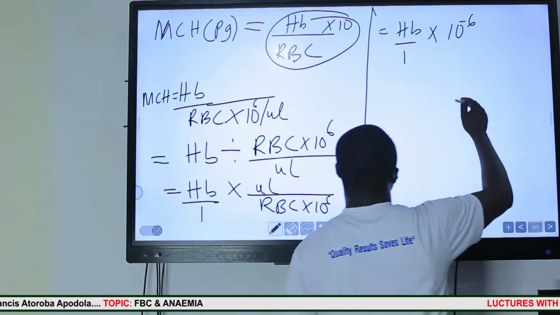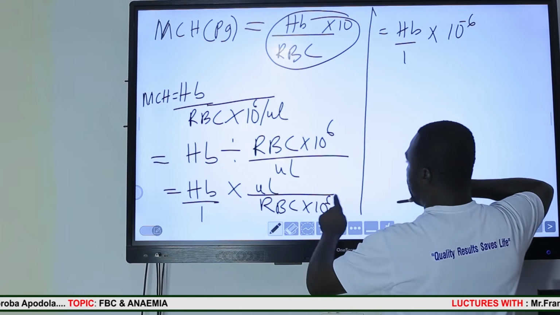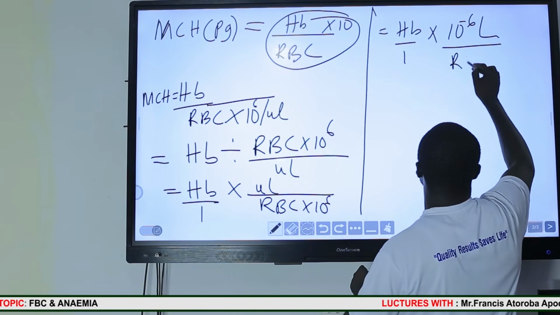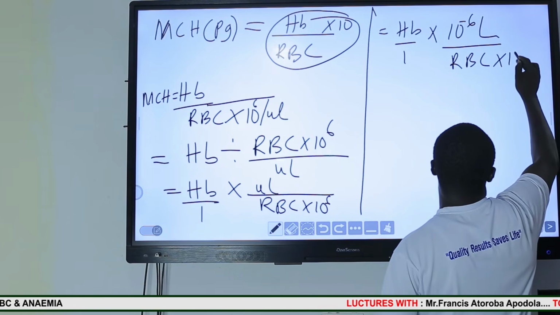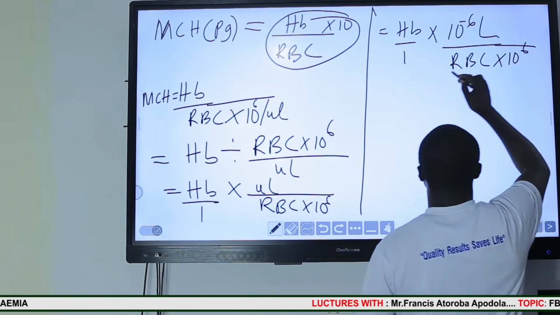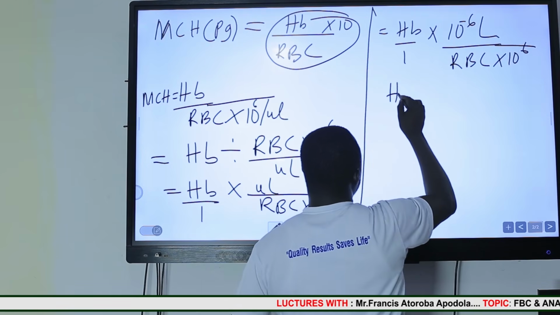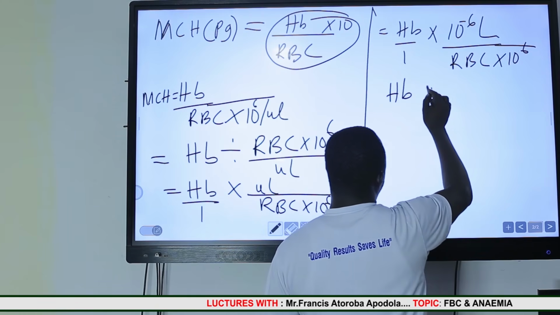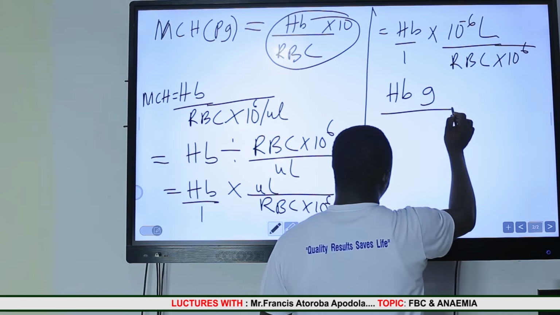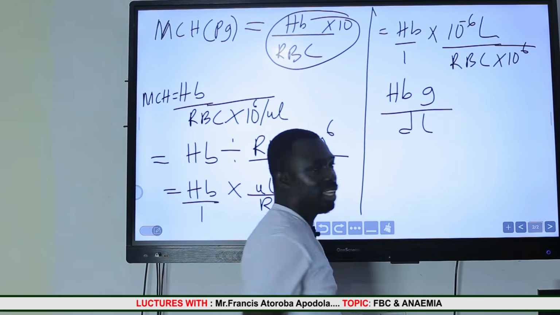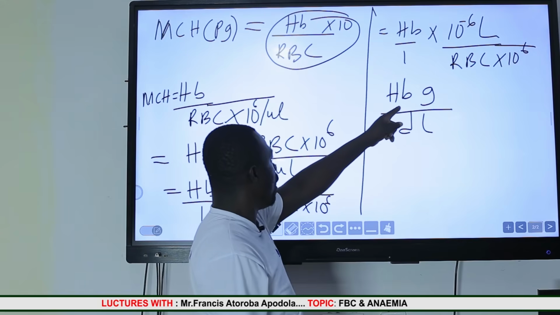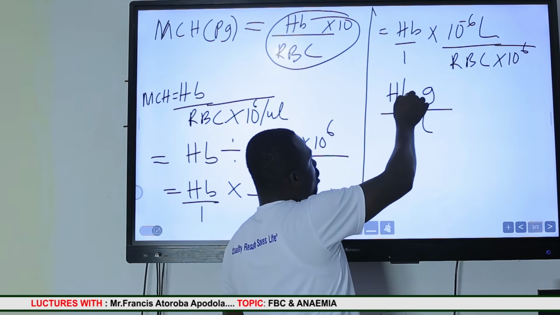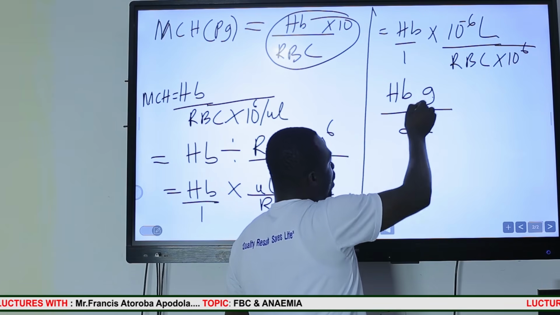Okay, so let's continue. So times 10 to the power minus 6 liter, all over RBC times 10 to the power 6. But we know that the HB value of the patient is actually in grams per deciliter. Whatever value you mention, you always say maybe 2.5 gram per deciliter.